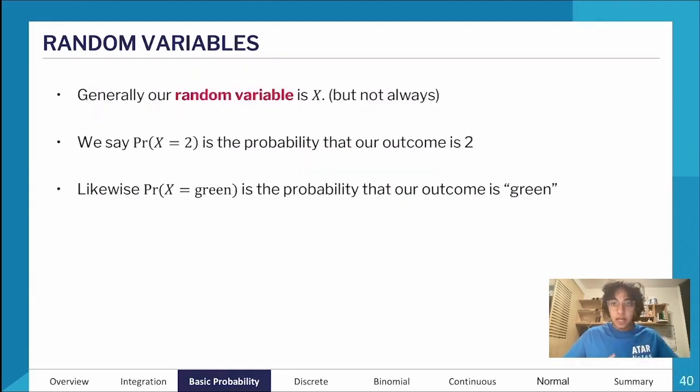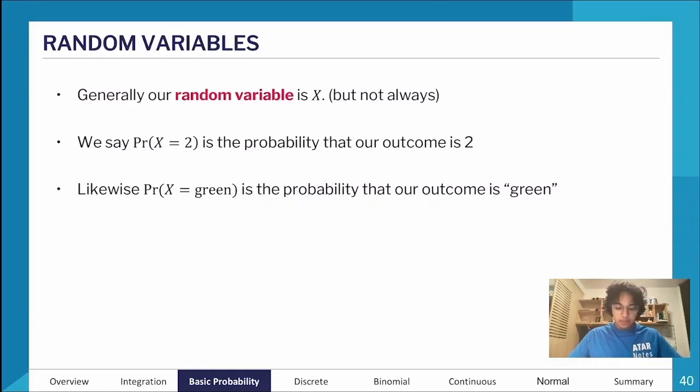Okay, random variables are generally represented with X, but I've used different variables all the time. Especially for spec, sometimes you get a few different variables, so you can just use different letters. It doesn't actually matter, it's just an arbitrary thing that we choose. Same with f of x, you can really use any variable you want, but x seems to be the favorite variable for mathematicians in methods anyways.